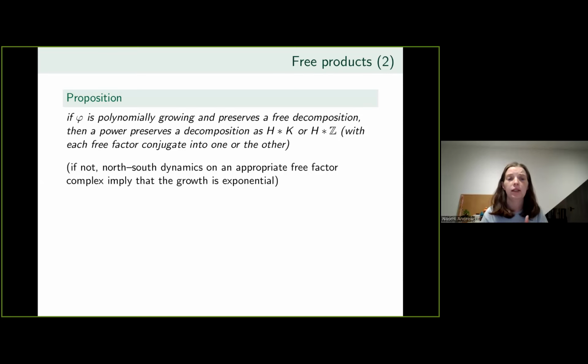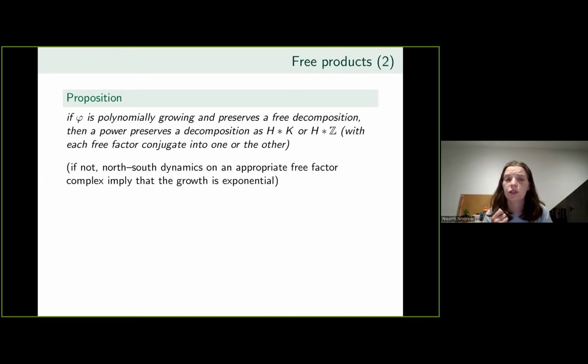If phi is polynomially growing and it preserves some free decomposition, then I can find a power. So the power preserves a decomposition either as H free product with K or as H free product with Z. And these are much simpler.